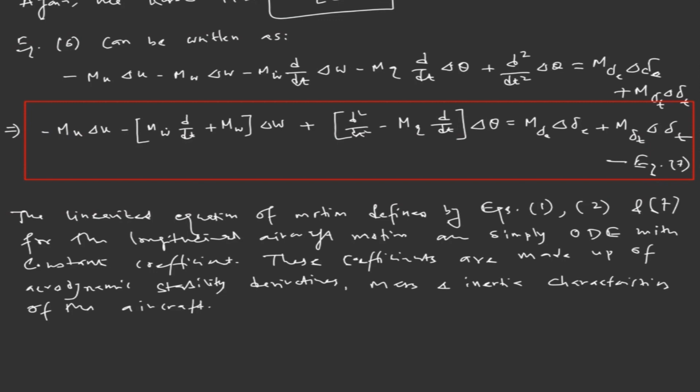Equations 1, 2, and 7 can be written in state space form.